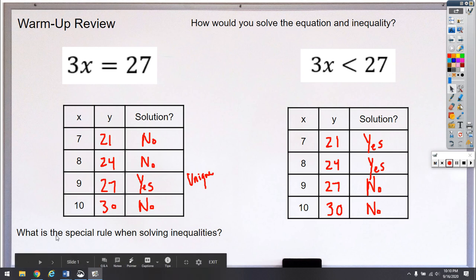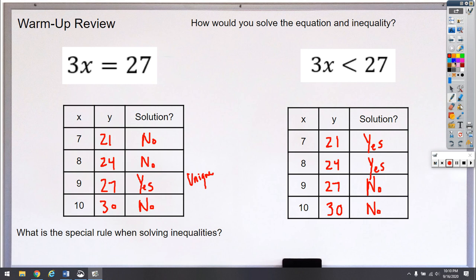The one rule I also want to talk about before we get started with our lesson for today is, what is that special rule in solving inequalities?